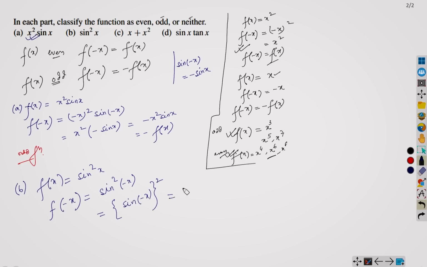Now we know this equals minus of sin x whole square equals sin square x. Yes, and we obtain this as f of x. F of minus x equals f of x, we obtain. Yes, so this is an even function from the definition.